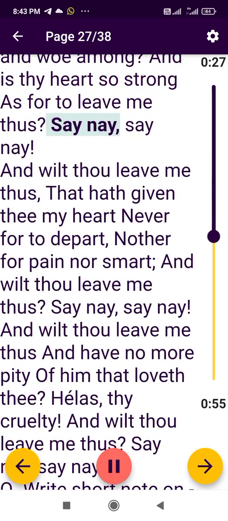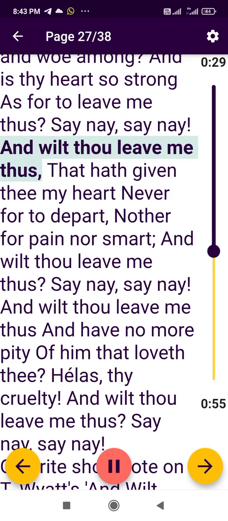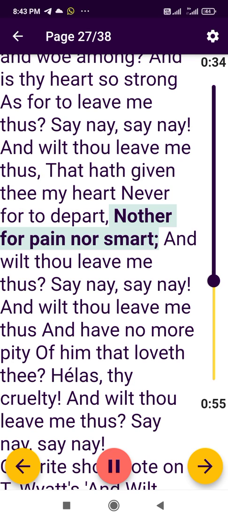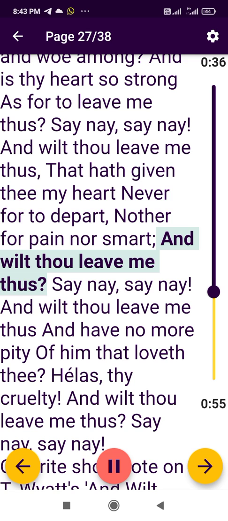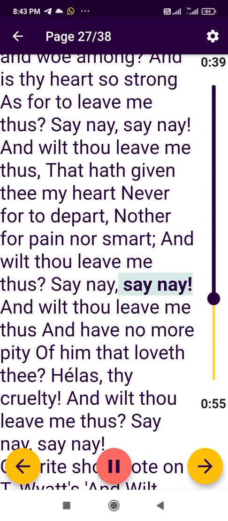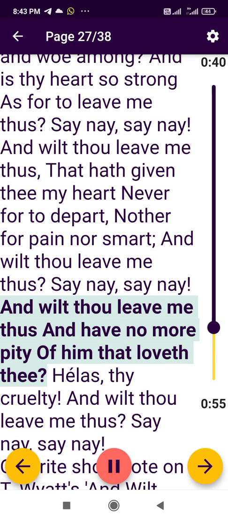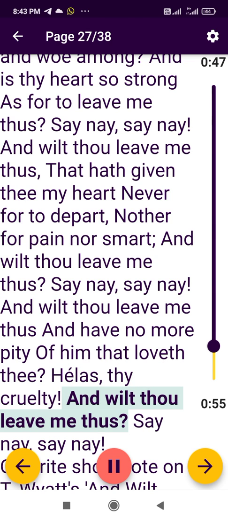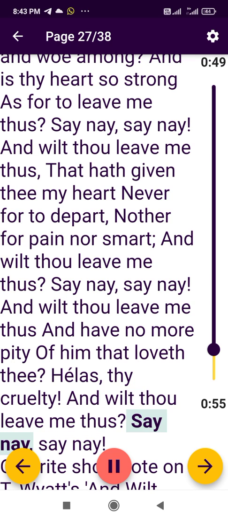Say nay. And wilt thou leave me thus, that hath given thee my heart never for to depart, neither for pain nor smart? And wilt thou leave me thus? Say nay. And wilt thou leave me thus, and have no more pity on him that loveth thee? Helas, thy cruelty. And wilt thou leave me thus? Say nay.